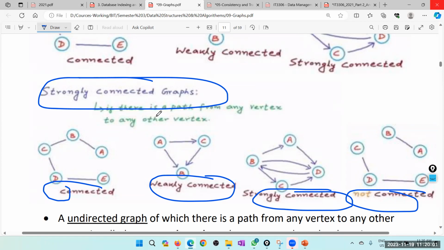Okay. For example, if I start from A, I can go to D. From A to D and I can come back to B also.